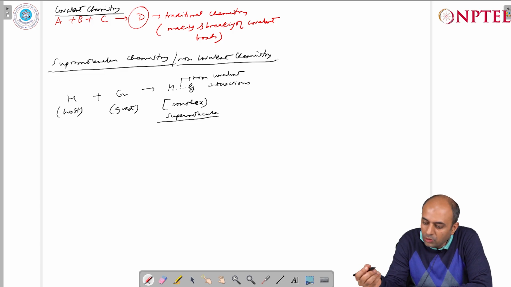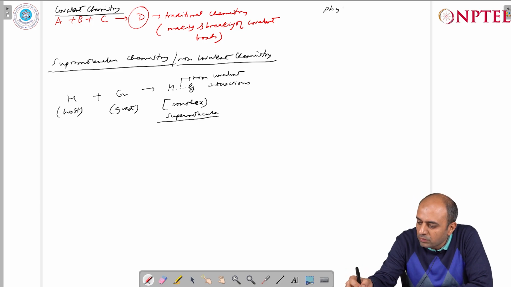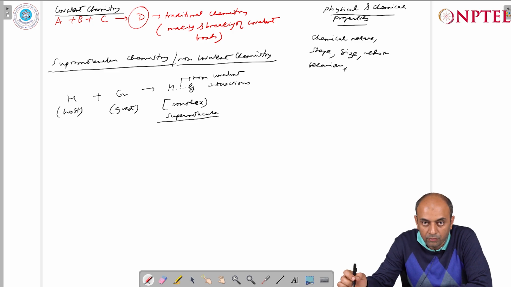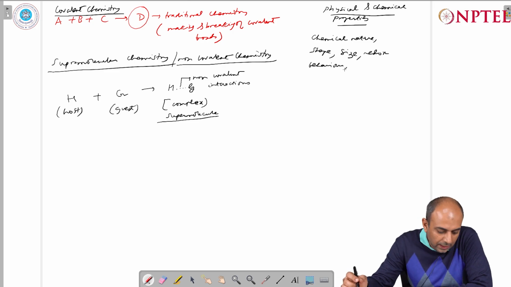Now, when we have formed a new molecule, what are we interested to know about the new molecule? We are interested to know about the physical and chemical properties of this new molecule. For example, we are interested in knowing what the chemical nature is, what the shape of the molecule is, what the size of the molecule is, what the redox behavior is, the redox property, which is very important.